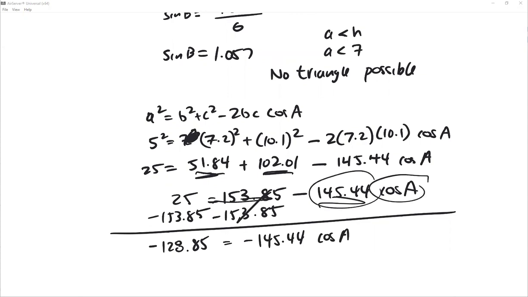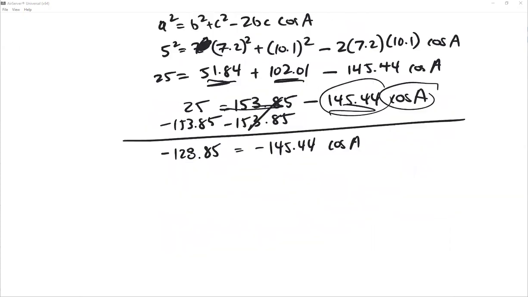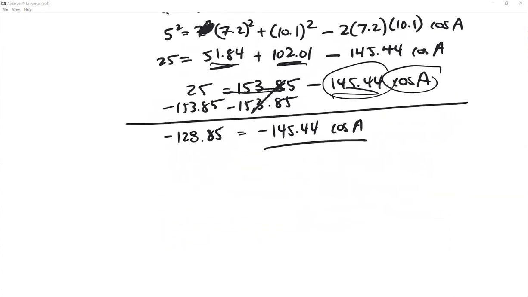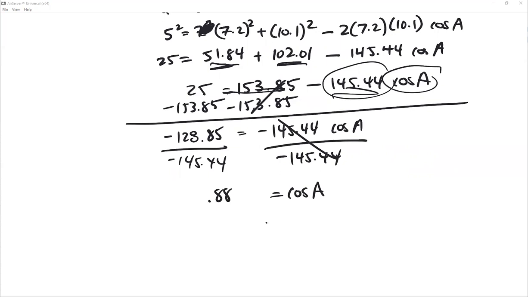Then divide by the negative 145.44, and you get cosine A is equal to 128.85 divided by 145.44, that's 0.88. Then take the inverse cosine of that answer, and you get A is equal to about 27.6.